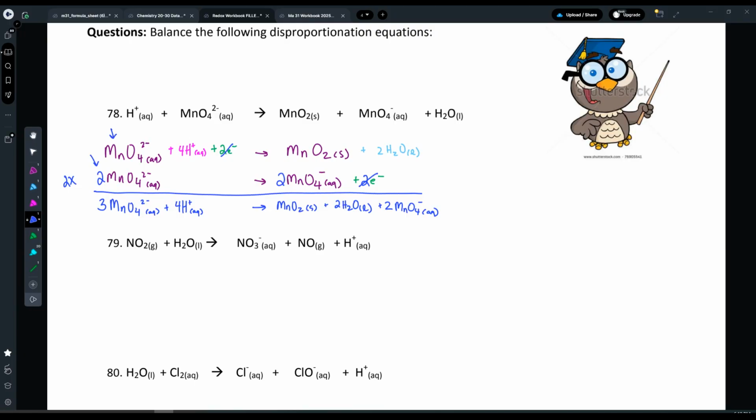Then you're going to add up your reactions so that the electrons cancel out. So you're probably going to have to multiply one, if not both of your reactions by a certain amount to make sure that your electrons get to some lowest common multiple, and then you're going to add everything up.